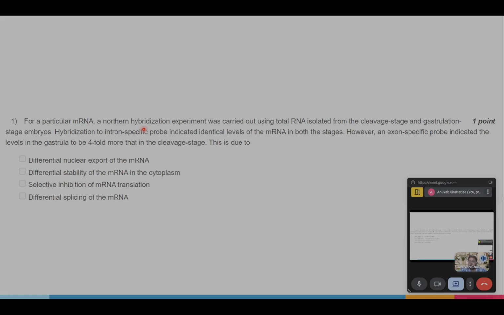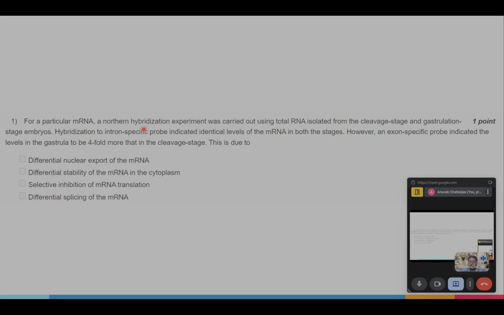Hybridization to intron specific probes indicated identical levels of mRNA in both stages. However, an exon specific probe indicated levels in gastrula to be fourfold more than in the cleavage stage. This is due to, and the options are, differential nuclear export of the mRNA, differential stability of the mRNA in the cytoplasm, selective inhibition of mRNA translation, and differential splicing of the mRNA.